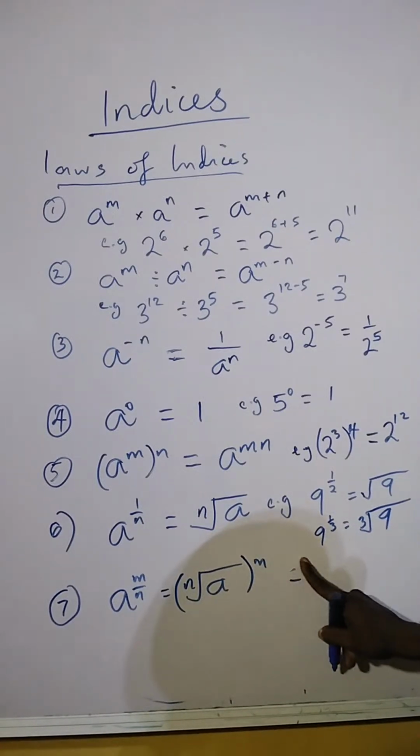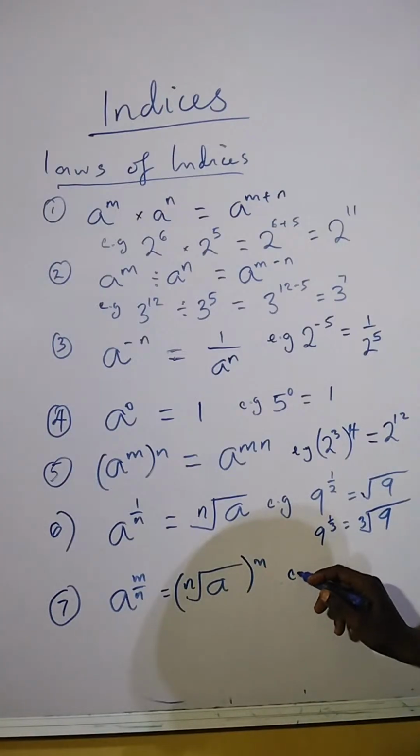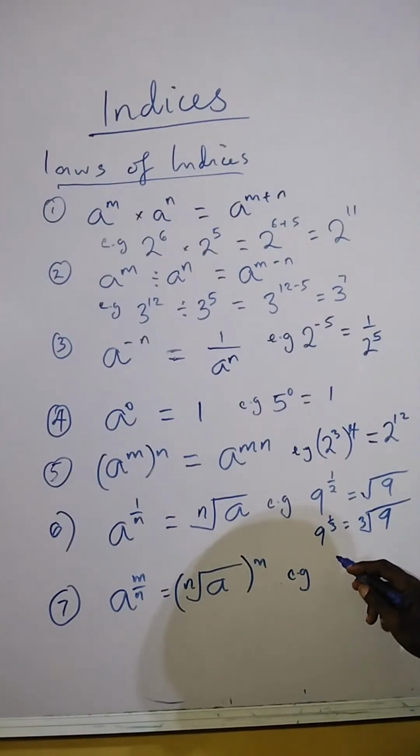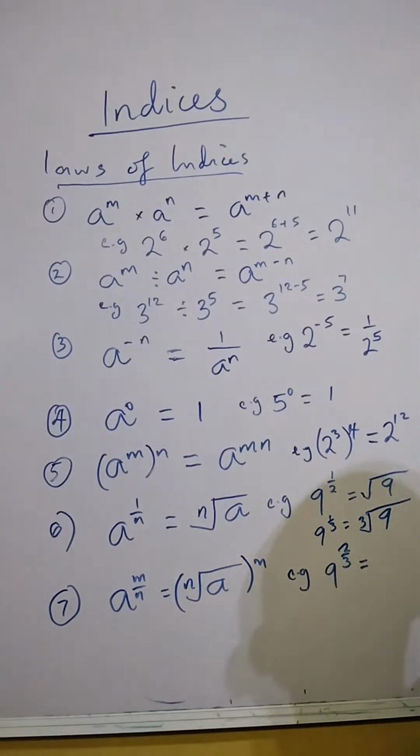So e.g., if I have 9 raised to power 2 over 3, here it's going to be the cube root of 9. The one down here is the root. So the cube root of 9, which is now raised to power 2. Okay, so that is that.